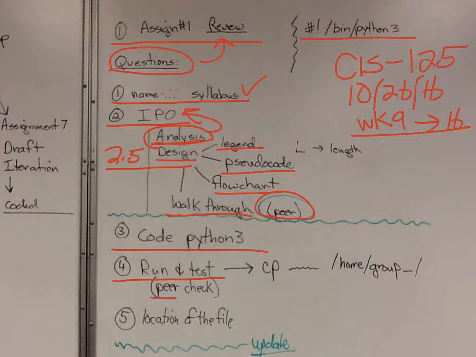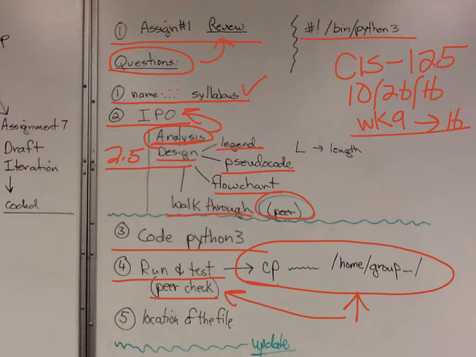Run and test it, make sure your code's peer checked, and then you copy it to your group directory so your group can do a peer check. Give the location of the file and make sure all of this material, then you would resubmit your design with the final work.